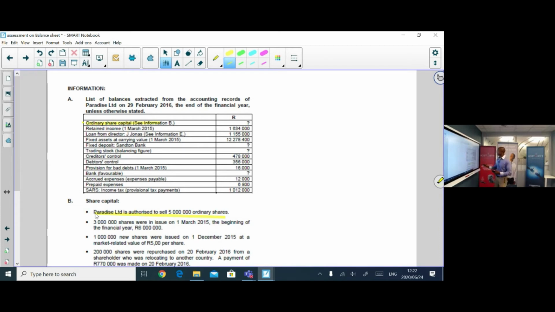We want to see when they were issued. 3 million shares were in issue before the start of the financial year, so the beginning of the financial year has 3 million shares for 6 million rand. That means per share it was 2.